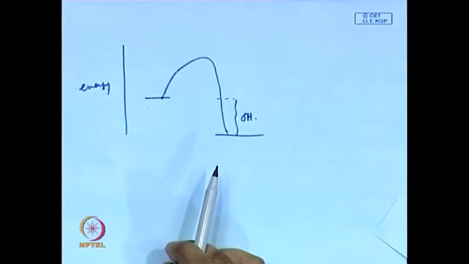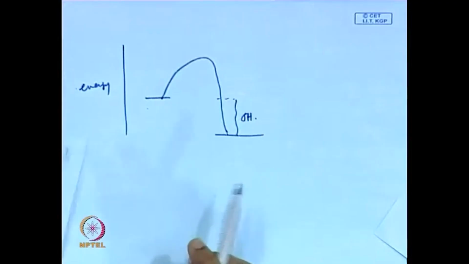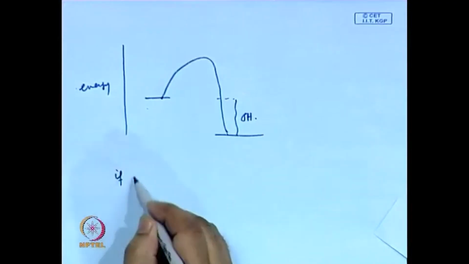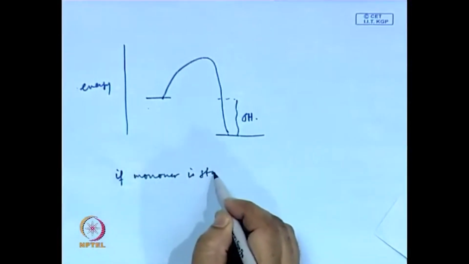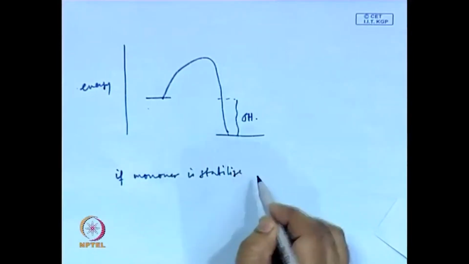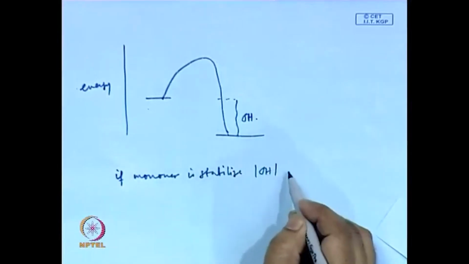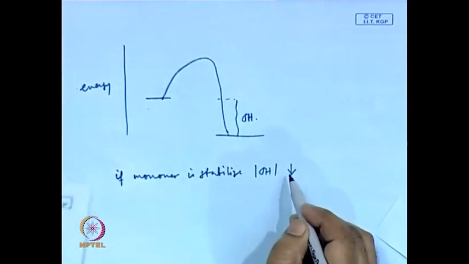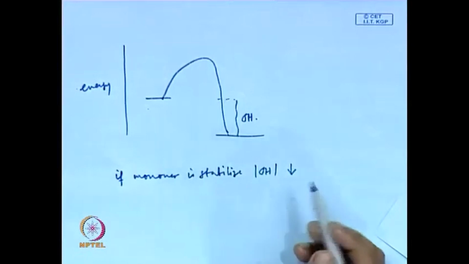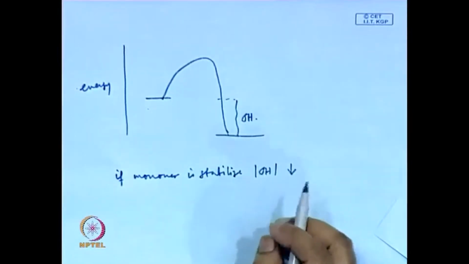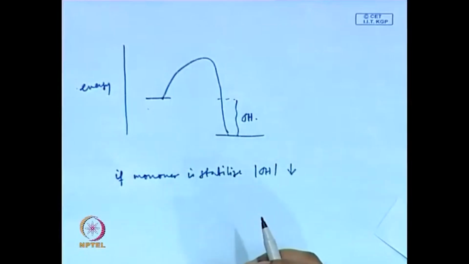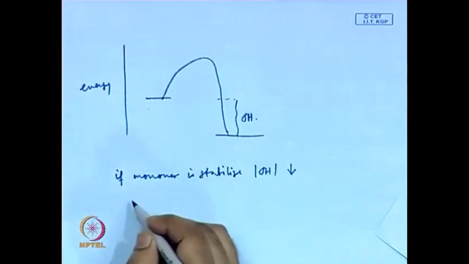So, if the monomer is stabilized, then the magnitude of delta H will come down. Now, stabilization could be due to resonance, inductive effect or hyperconjugation, or even by inter-monomer association, or interpolymer association.